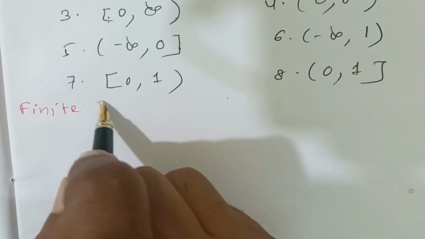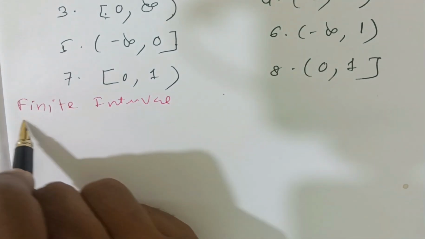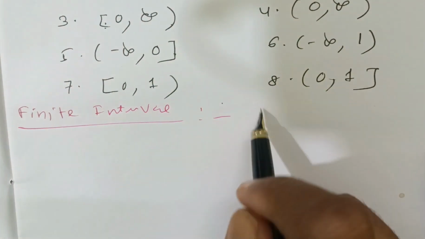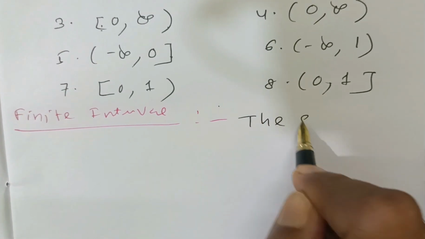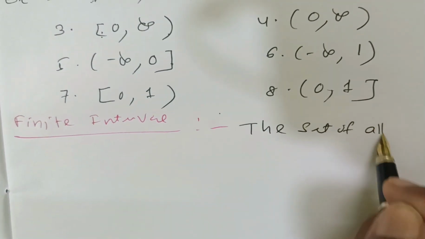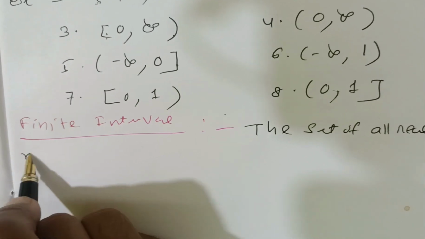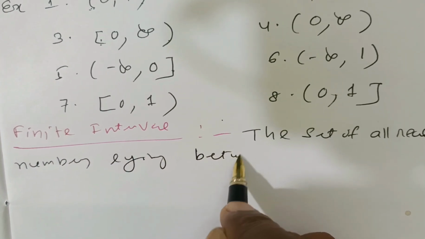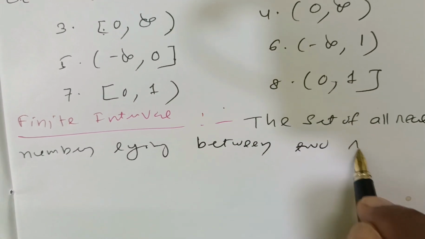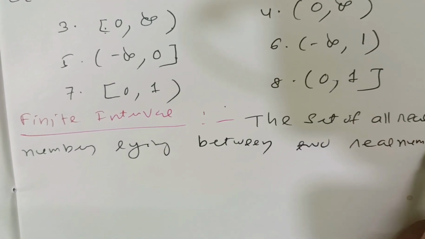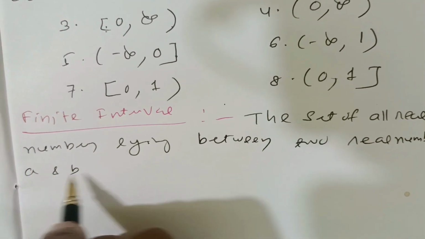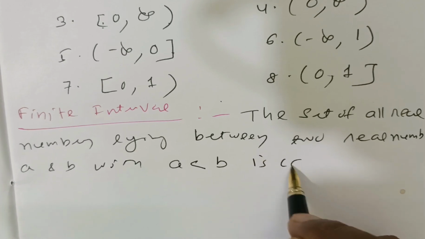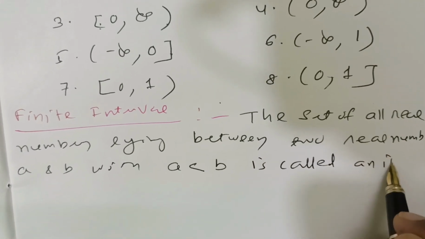What is a finite interval? Friends, the set of all real numbers lying between two real numbers A and B, with A always less than B, is called an interval.